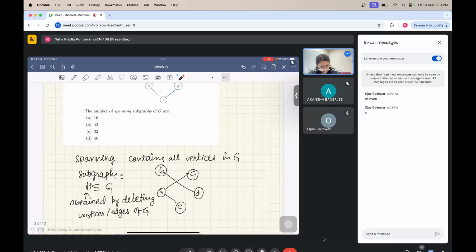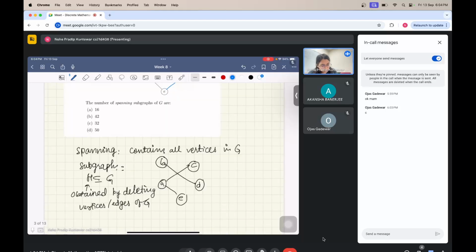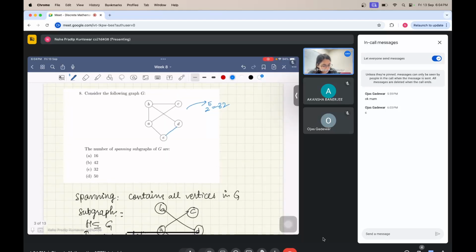So in this case you have these 5 edges. Assume for now that you don't have this additional edge.